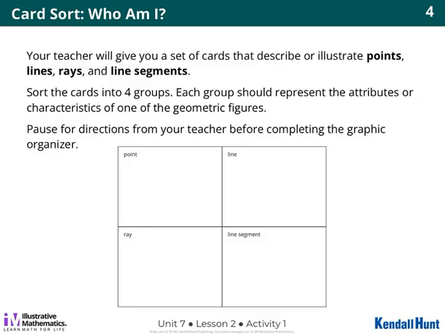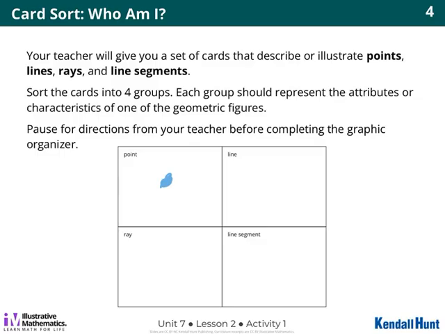I have no size, no width, here's the key word, no length, and no thickness. That is also a point. And then also you should have this. A big dot, right?